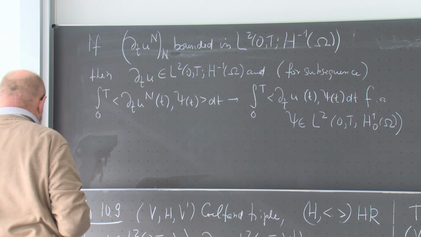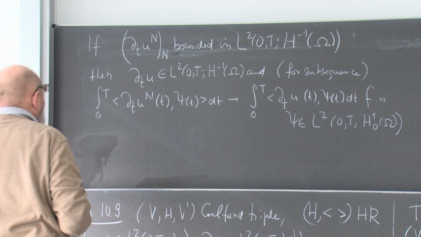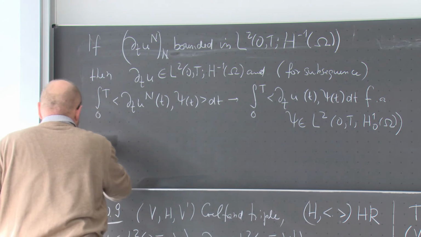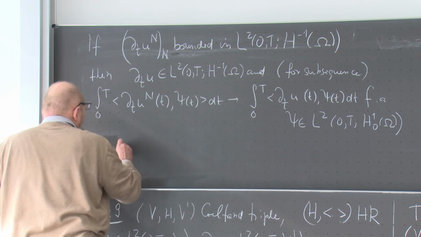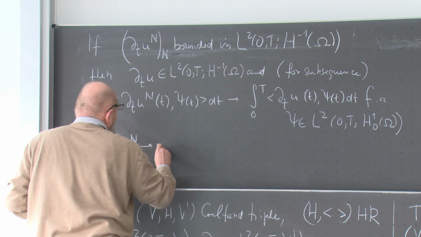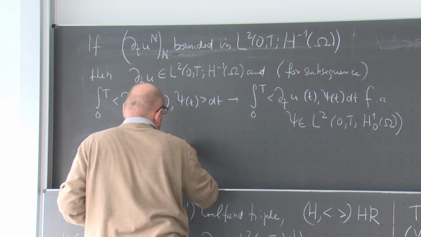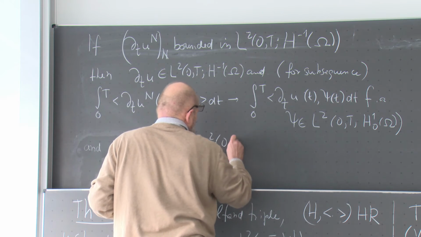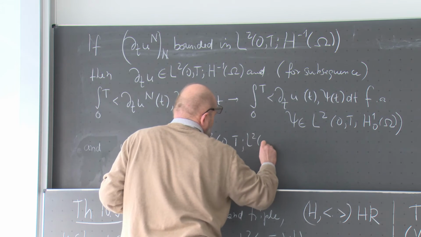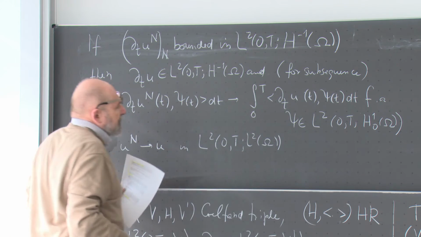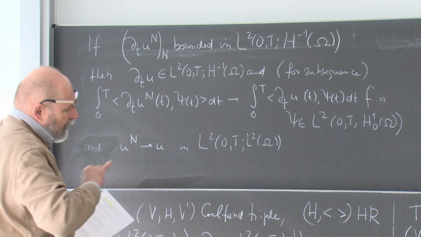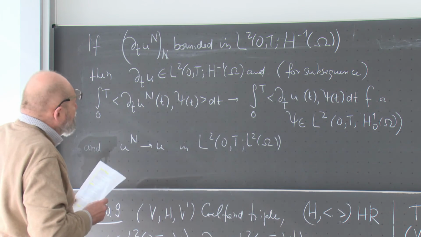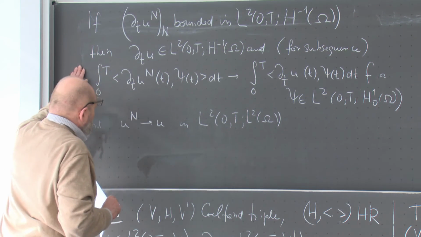And then finally, by the compact embedding of the space, we also have the strong convergence of u_n to u in L2(0,T; L2(Omega)). This is now the H. So this is just a direct application of what we have discussed.